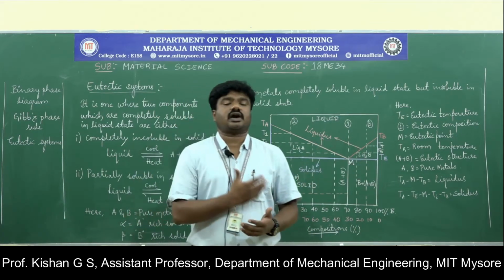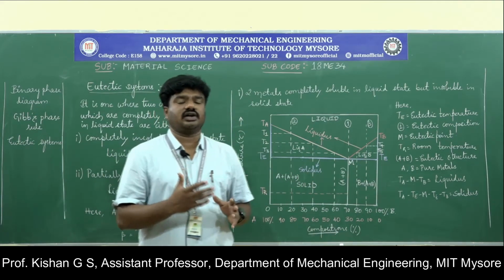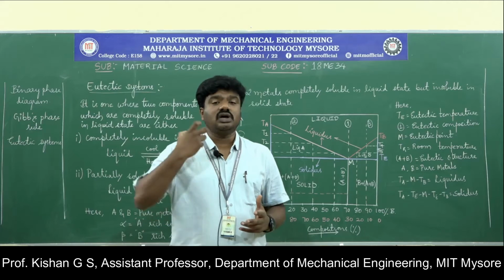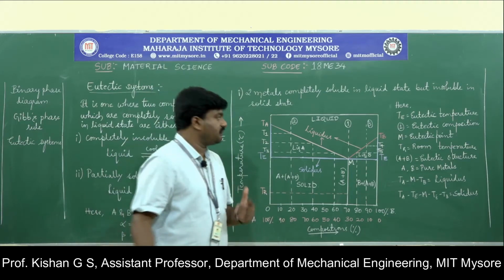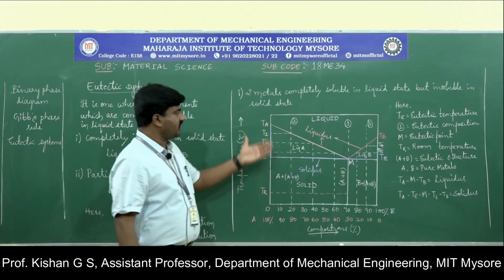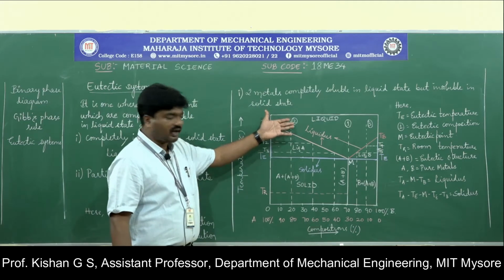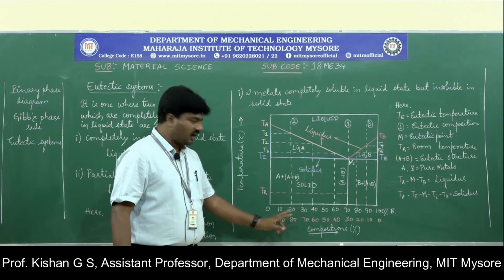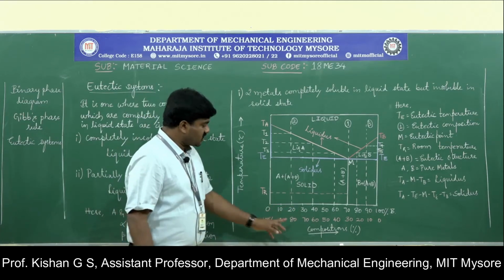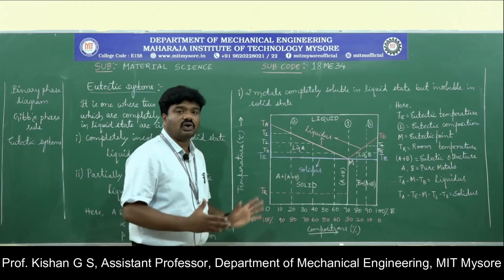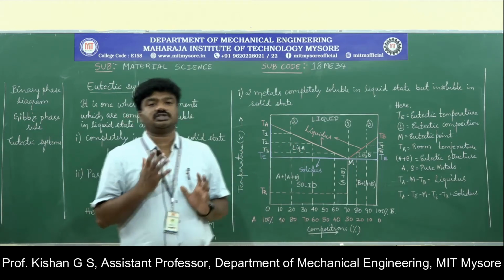This second and third composition is not stagnant. You can take wherever you want to assess the behavior of composition. For ease of understanding, I have taken composition 2 as 20% of B and 80% of A. Let us now start with this position and see how the solidification is initiated.